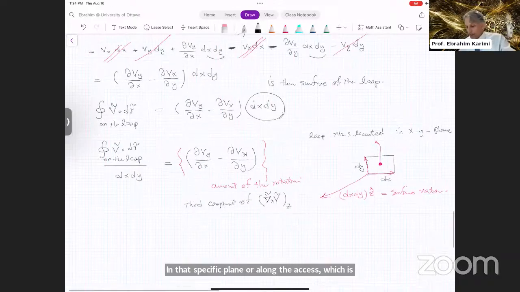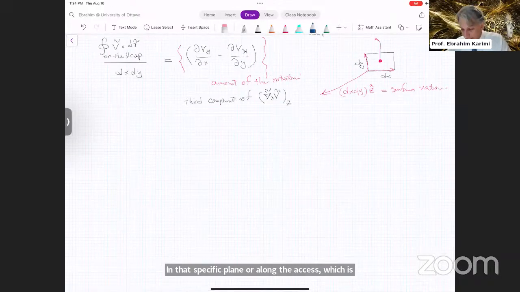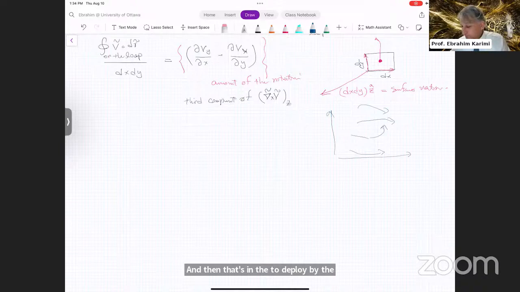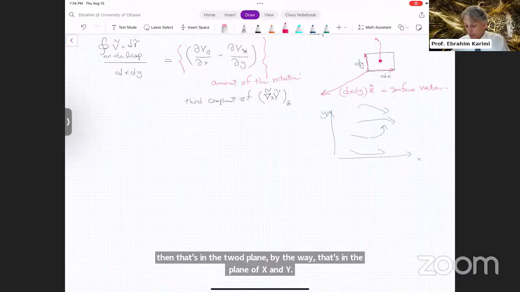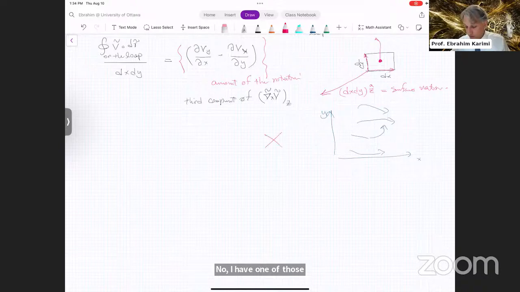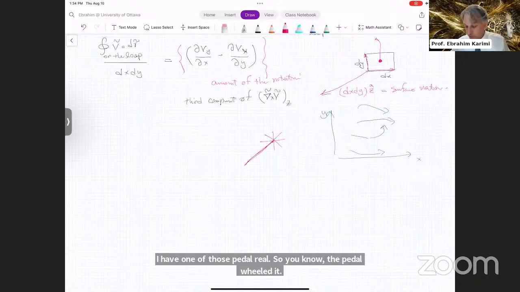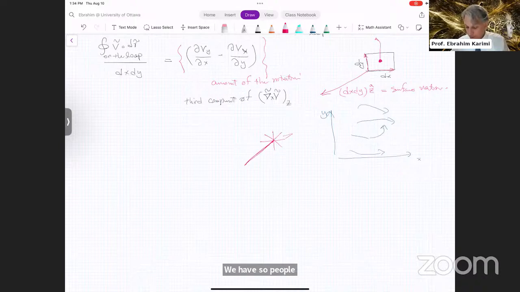So again, look at the fluid mechanics that we had. Assuming the water is going around, and that's in the 2D plane, by the way, in the plane of x and y. Now I have one of those pedal wheels, which people use in turbines, for example, to create electricity.